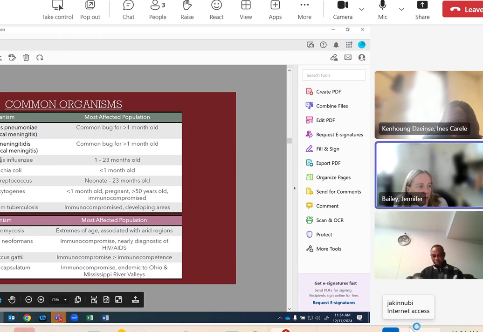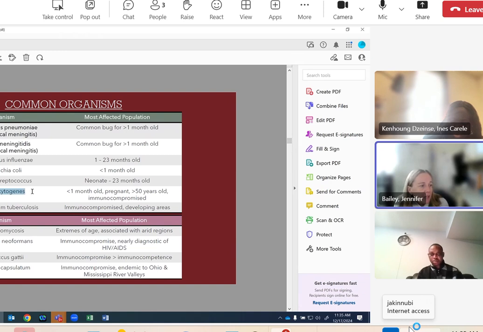And then again, some other gram-negatives: Haemophilus influenzae, E. coli, and Group B streptococcus. This is a common one that can be passed on from mother to baby during birth, as the baby navigates the birthing canal. So pregnant patients are all tested and treated for Group B strep before they deliver.